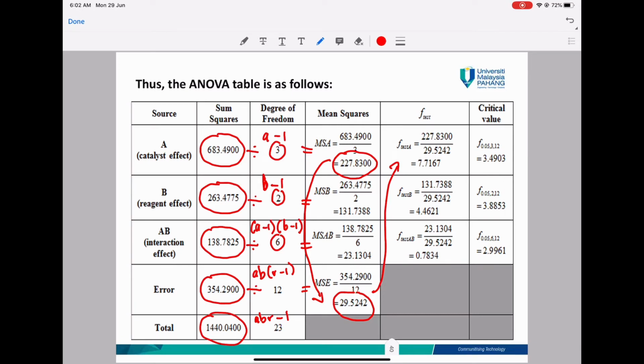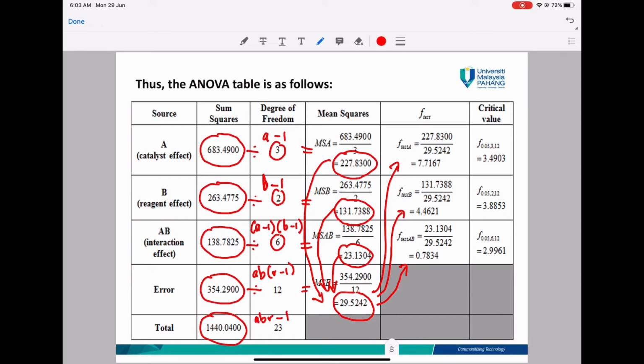For the F-test for B, 131.7388 also divided by 29.5242, and then you can have 4.4621. The last F test is 23.1304, also divided by 29.5242, and then you can have 0.7834.